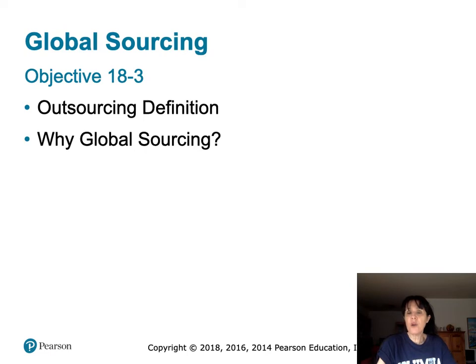But why do companies pursue sourcing strategies? They pursue this strategy for a number of reasons. The first reason is cost management, right? Companies want to reduce costs through cheaper labor, lax or much lighter work environment and rules and regulations, and lower land and facilities costs.